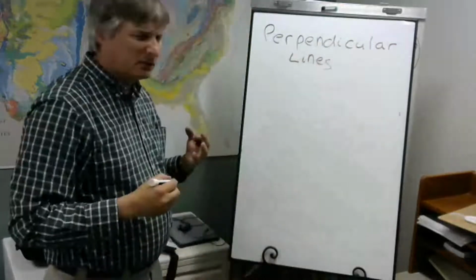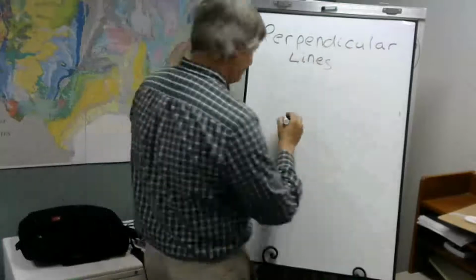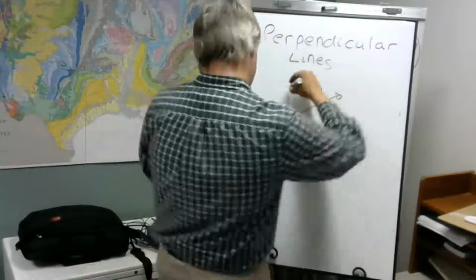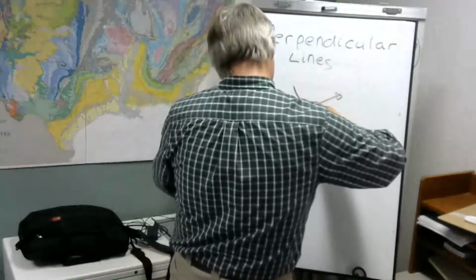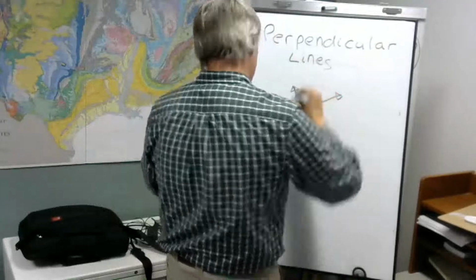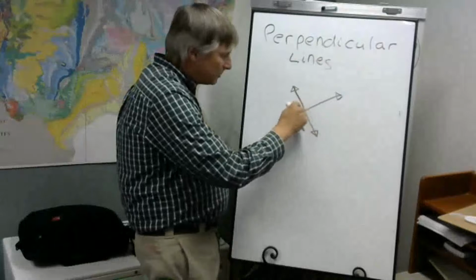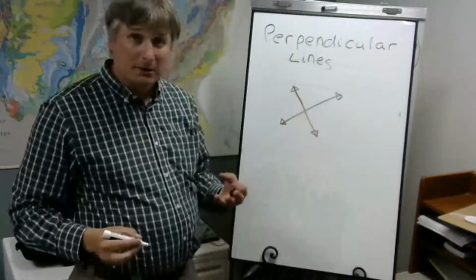So perpendicular lines, if you think about an intersection, this is where lines cross each other, where the angles between the lines are each 90 degrees.